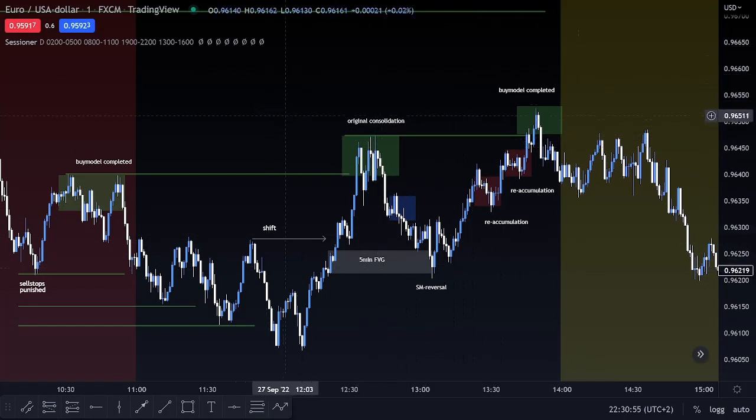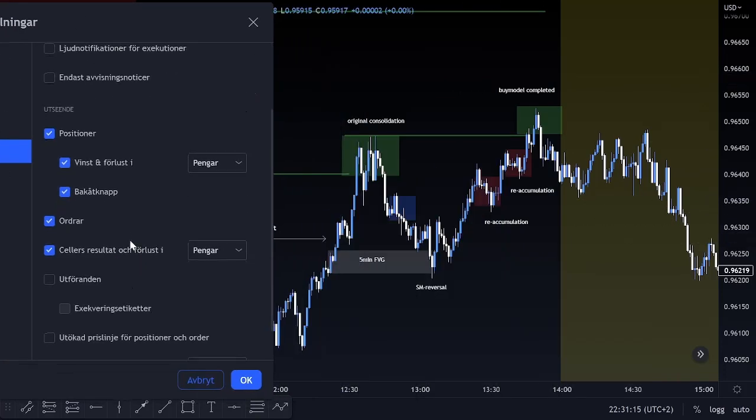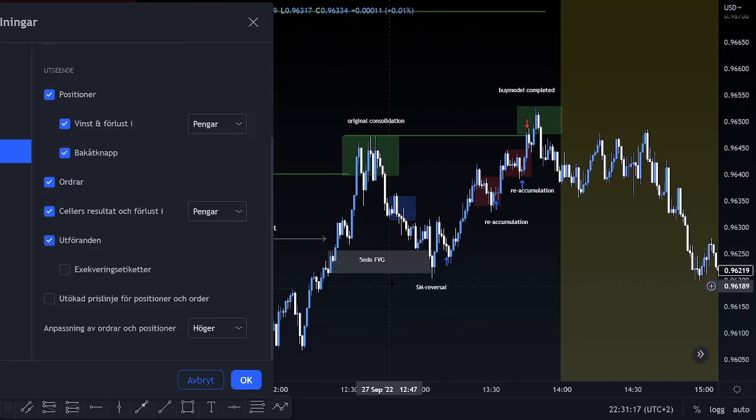And when I'm inside this buy model, and I have a draw at least to this high here, I can scale in positions every time price retraces down into a fair value gap, or gives me a market structure confirmation it wants to go higher. So my entries were framed first of all on this 5 minute fair value gap higher, retracing into a discount and sending price higher.